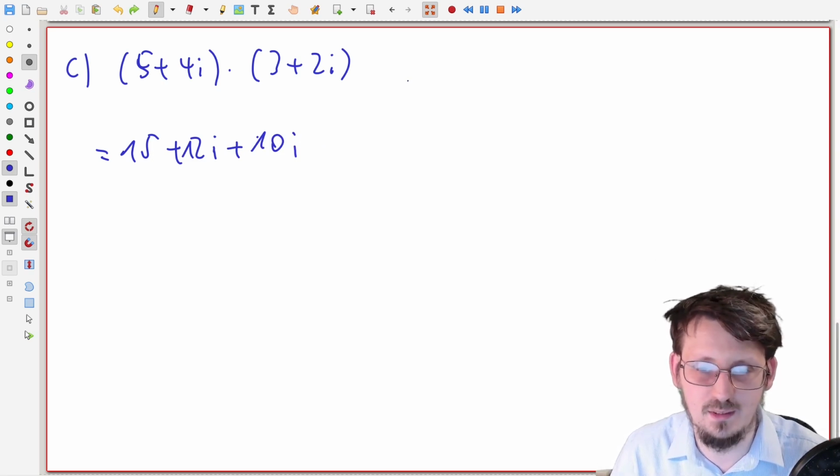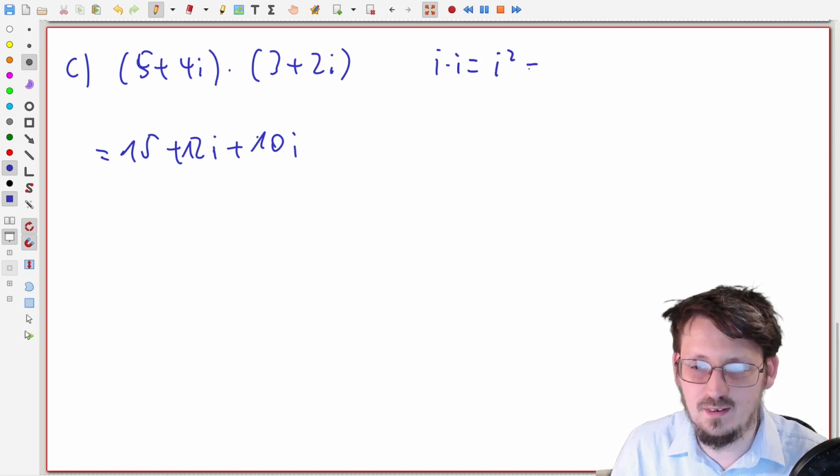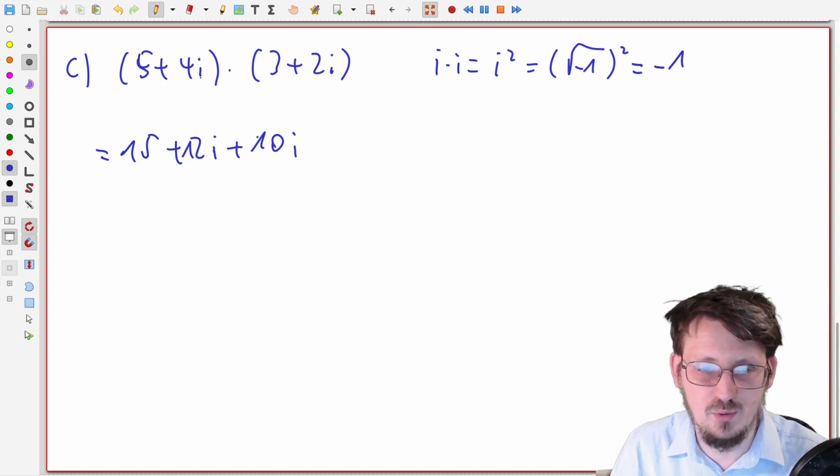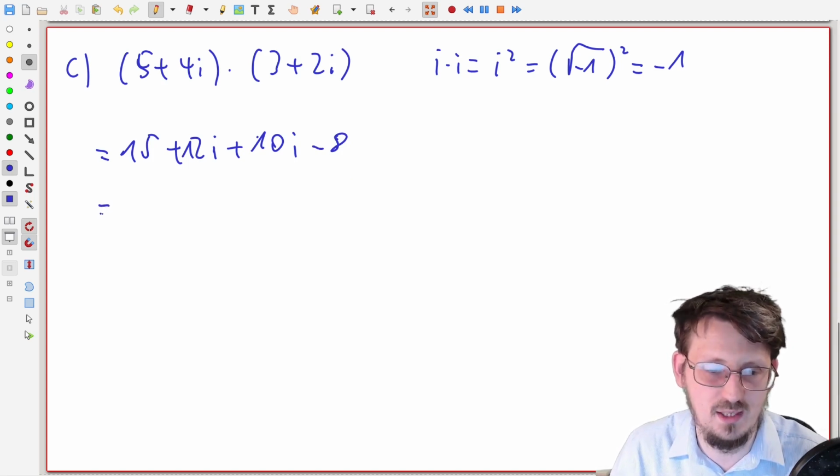And here it gets a little bit tricky, because when we calculate i times i, which is actually the same as i squared, then this is the same as the square root of -1 squared. And the square root of -1 squared is just simply -1. So i times i is -1 times 8 gives -8. So this is the only thing where you have to take care when you calculate the product of two complex numbers.